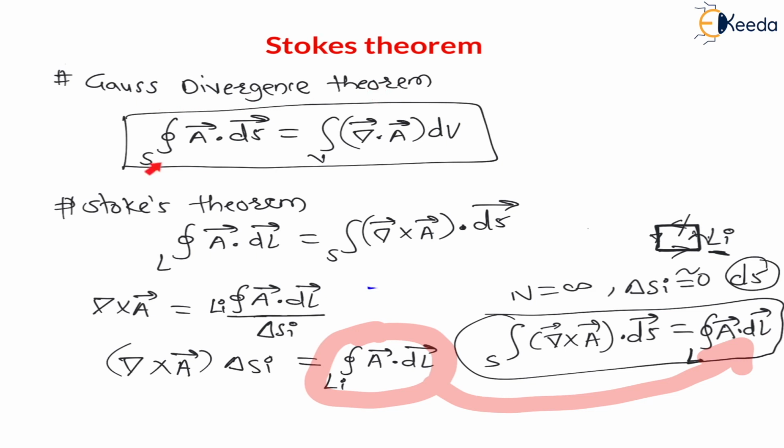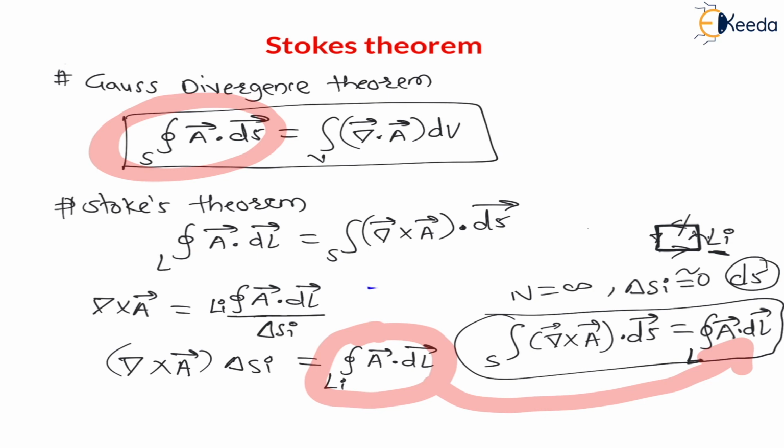The Gauss divergence theorem gives the relation between surface integral and volume integral. It says that the surface integral over a closed surface, for any vector field A, is equal to the volume integral of the divergence of A, del dot A, over the volume enclosed by S, right?